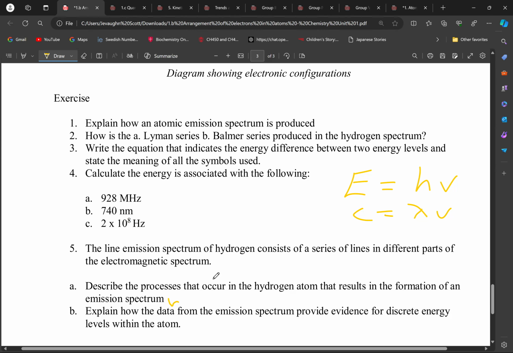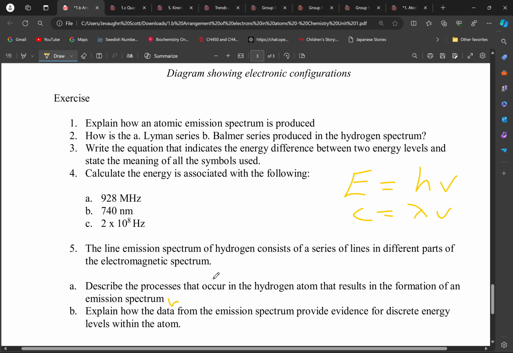Could somebody else tackle B? Explain how the data from the emission spectrum provides evidence for discrete energy levels within the atom, as provided in Module 1 of the 2019 paper. They asked this general question. How? Go ahead. Sir, so with the exciting of electrons, they absorb a certain quantum of energy. So they would move to a higher energy level matching that discrete amount of energy.